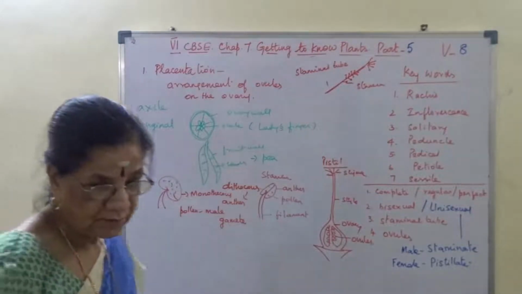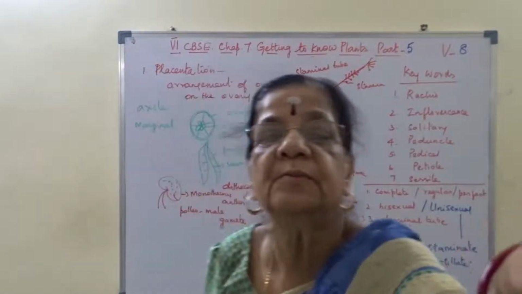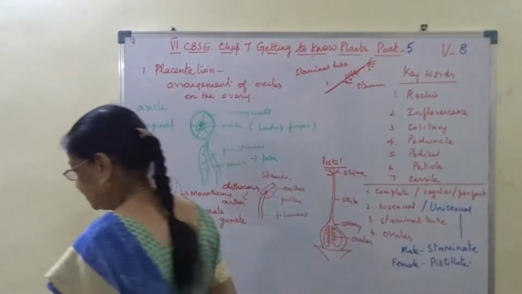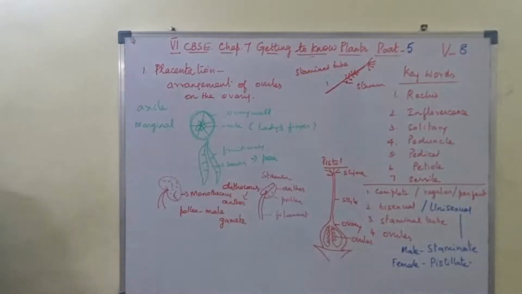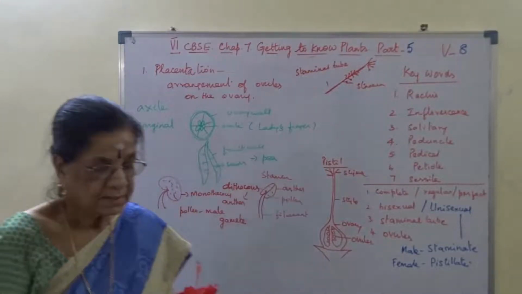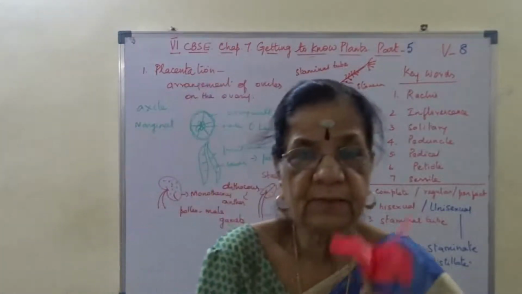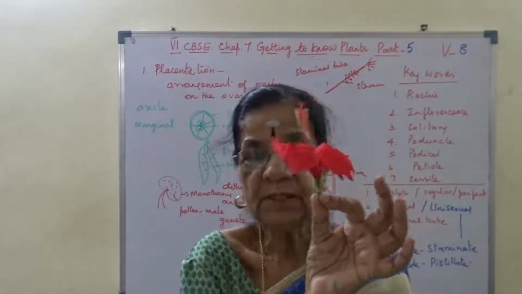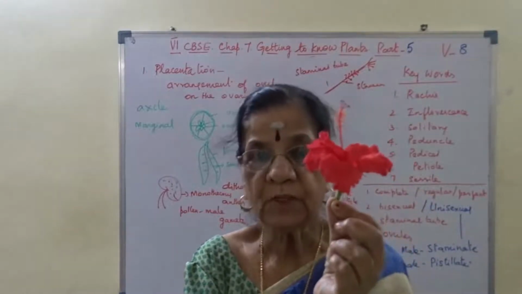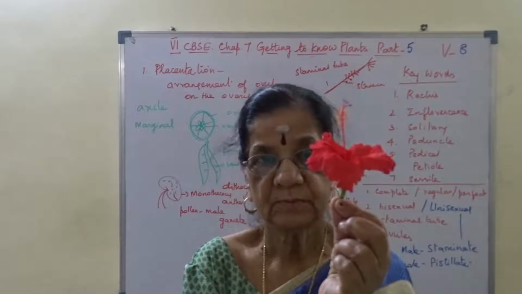Okay. Now in our textbook there is one more term given. For example, see here, I am holding a flower. Okay, and this is a whole flower, that is a full flower.